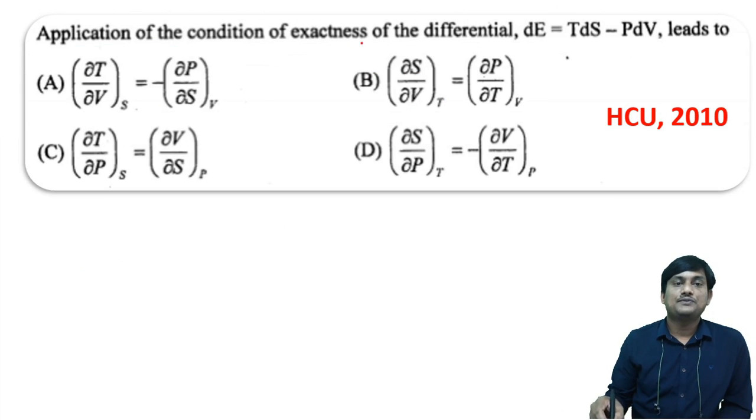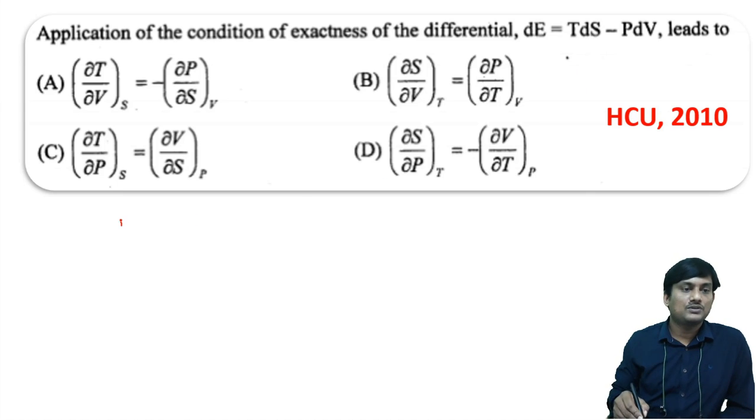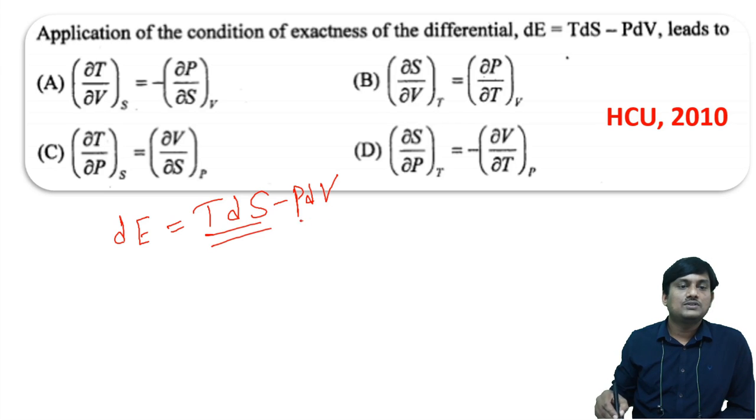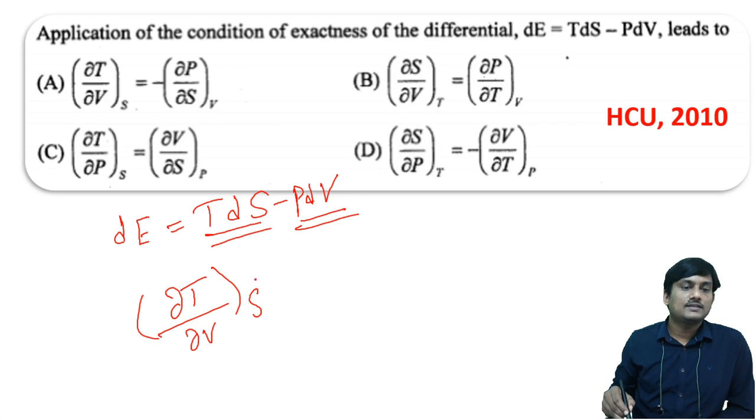Application of the condition of exactness of the differential dE = TdS - PdV leads to? Okay, Maxwell's relations. How can you get a Maxwell relation from this equation, TdS minus PdV? First, differentiate the term T with respect to V: dou T by dou V at constant S. You have to put this as constant.